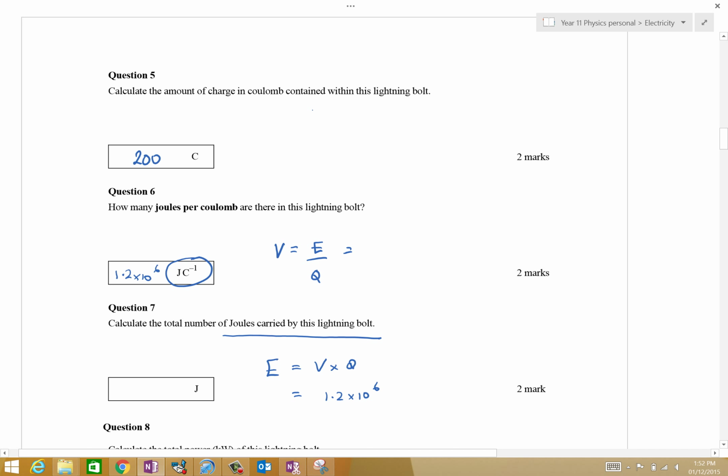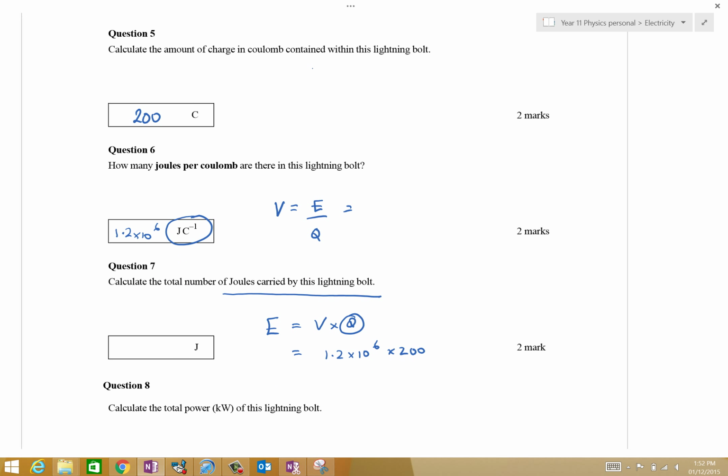But is that Q the coulombs, or is that the charge of one electron? We're not looking at electrons, are we? So Q is 200, times 200. So that is 240 by 10 to the 6 joules.